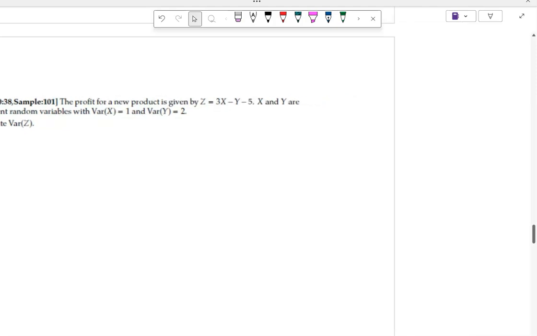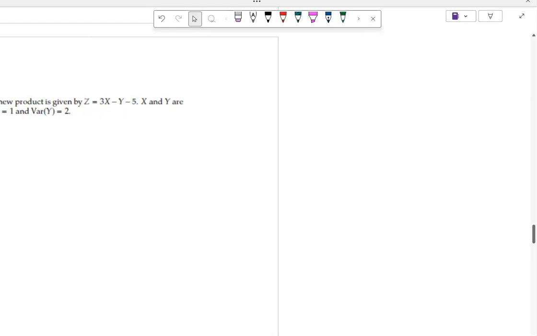Independent or not, let's say we start with a variance of some constant times an x plus some other constant times a y, and see what comes out.